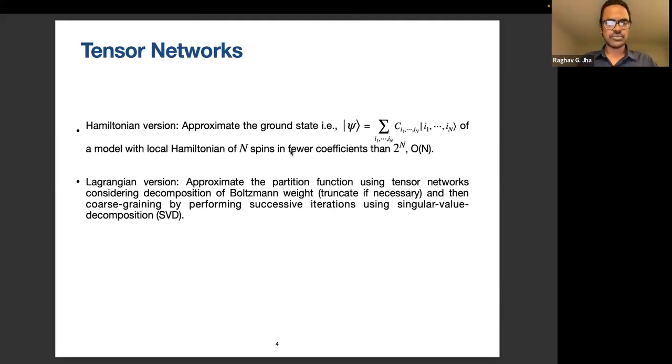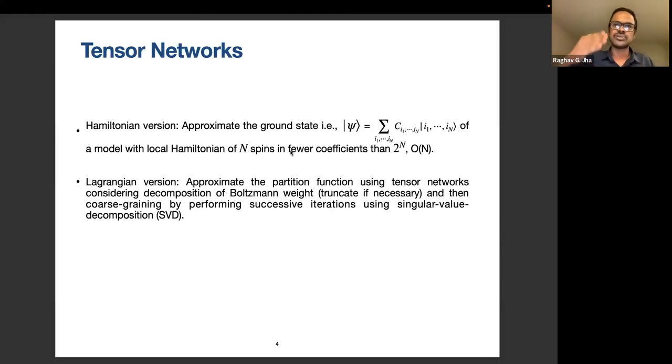So that is the Hamiltonian version, but there is also a Lagrangian version, which I have been involved with over the last couple of years. And that is more natural to lattice field theorists in the sense that what you have actually is a partition function. And what you really want to do with tensor networks is approximate the partition function. You start with that initial representation of the Boltzmann weights, or the action e to the minus S, in terms of tensor networks.